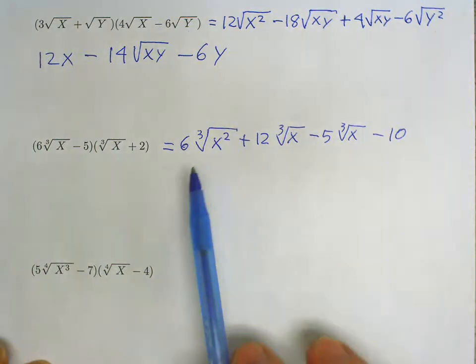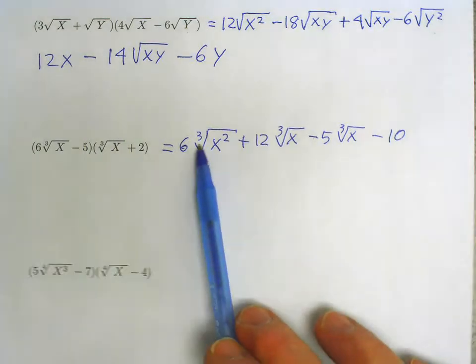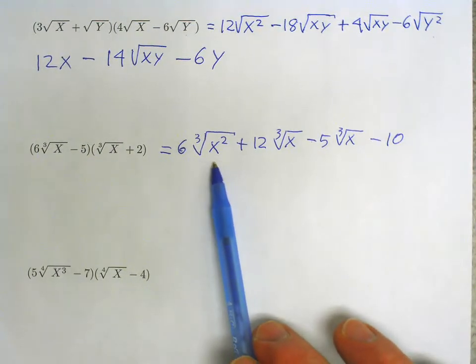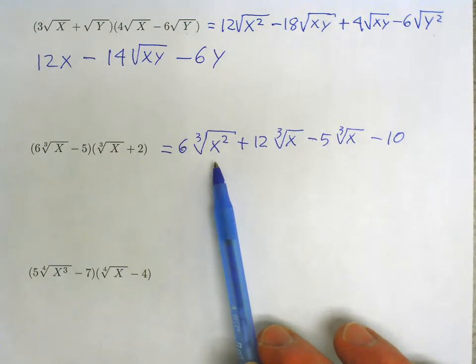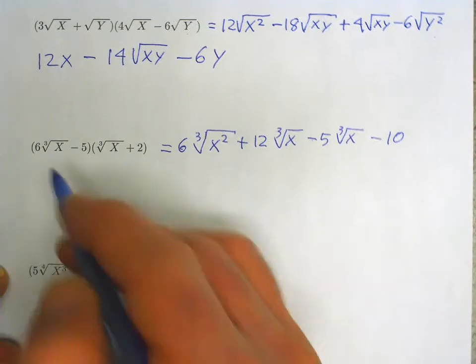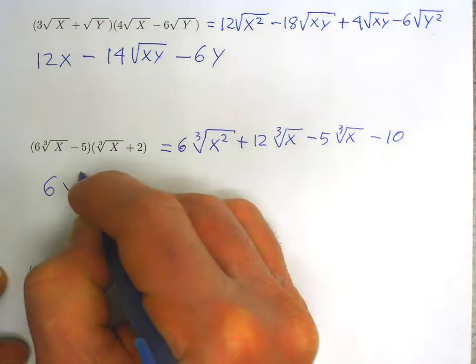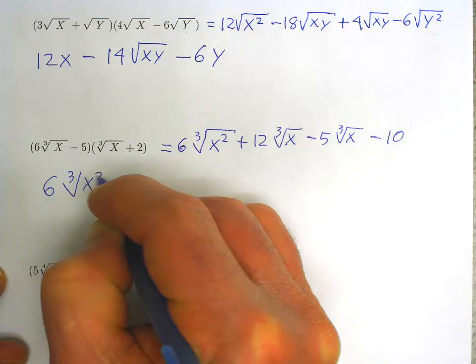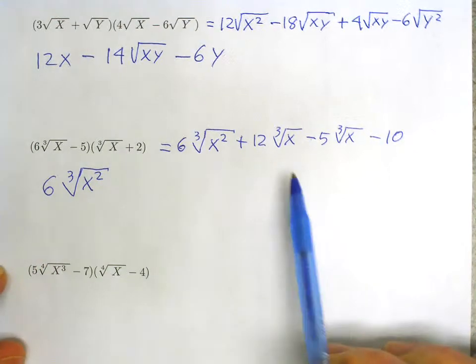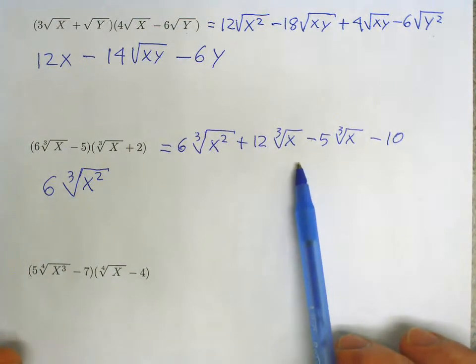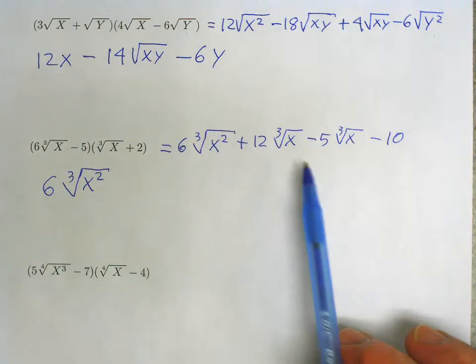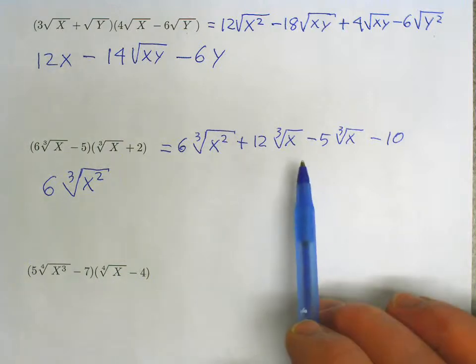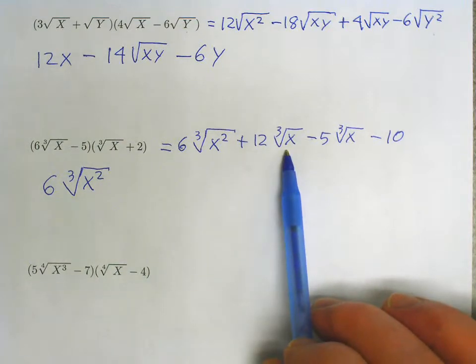On the left, the cube root of x squared cannot be simplified any further. So we'll just write 6 times the cube root of x to the second. The two middle terms can be combined because the radicals are like radicals. First note that the cube root of x can't be simplified any further.